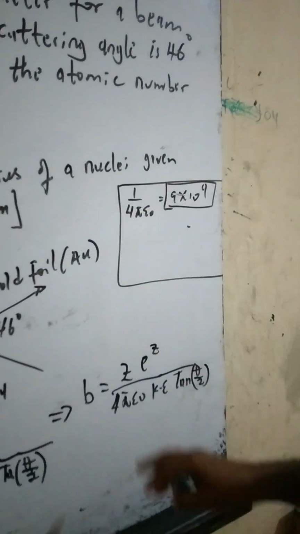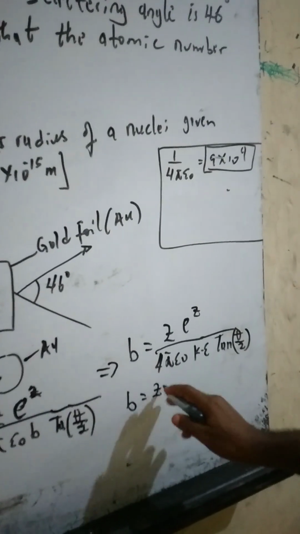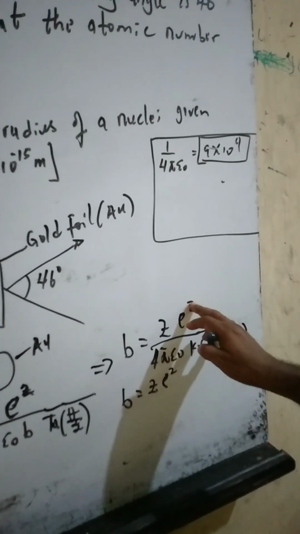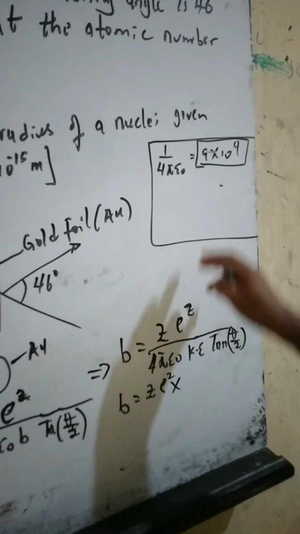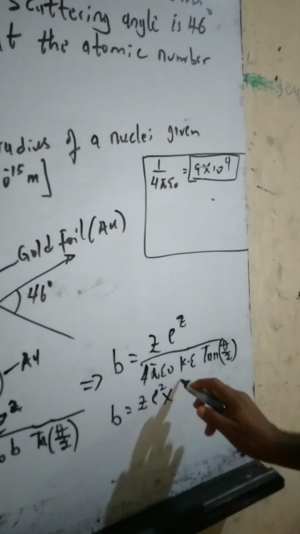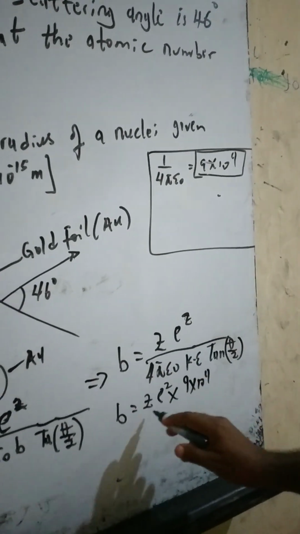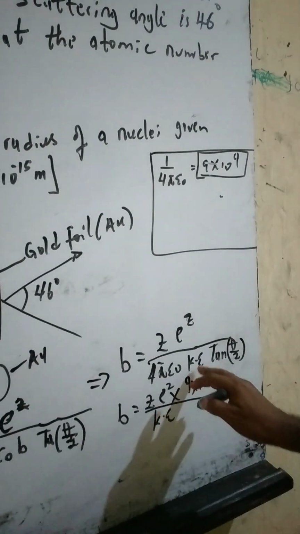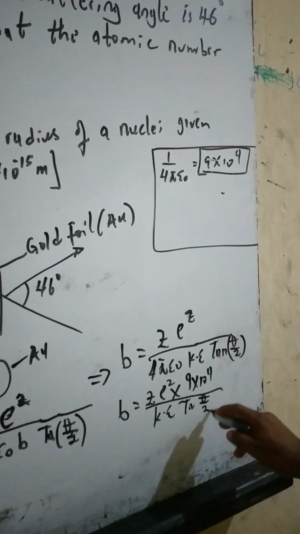So this formula can be rewritten as B equal to the atomic number of the gold foil times the square of the electrical charge, times 9 times 10 raised to power 9, which I replace with 1 over 4 pi epsilon naught, divided by the kinetic energy, then tan theta over 2.